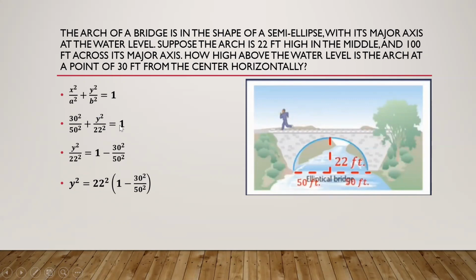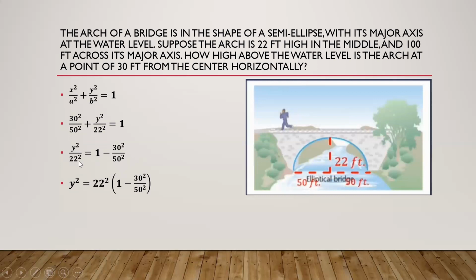So from there, we isolate our y. We move 30 squared over 50 squared to the other side, so from being positive, it becomes negative. So that's 1 minus 30 squared over 50 squared. And then again, we try to isolate y squared. We multiply 22 squared to both sides of the equation.